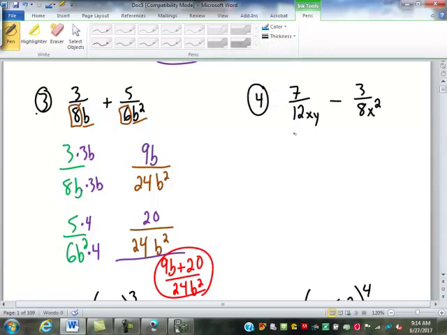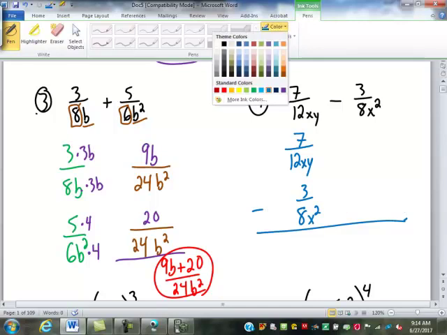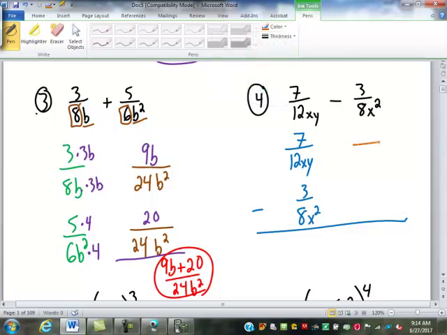Over here, 7 over 12xy minus 3 over 8x squared. Common denominator, again, we're going to go with numbers first. 8 and 12, what's my common denominator? 24 is the smallest one. Now let's look at each variable separately. For x, what is my largest power?